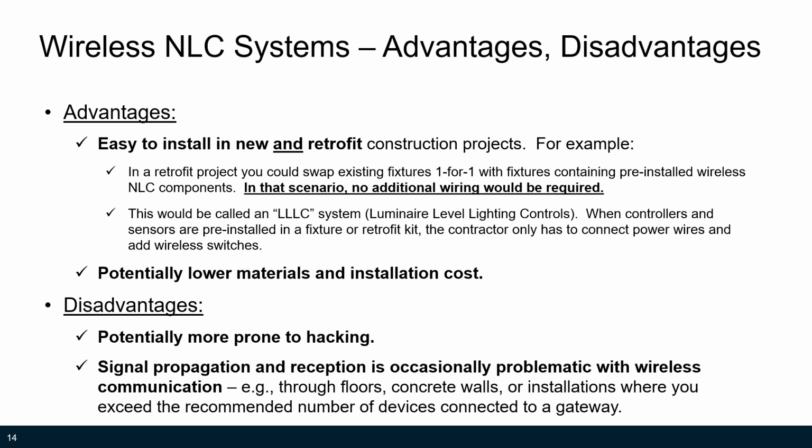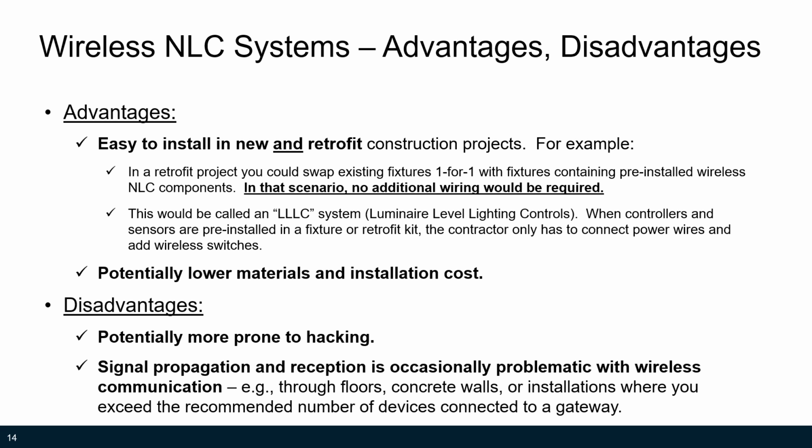One of them is that they're very easy to install in new or retrofit construction projects, and I should say in particular in retrofit projects. So an example would be that if you have a retrofit project where you're simply going to swap fixtures one for one, and the new fixtures have pre-installed wireless controllers, then you wouldn't have to install anything else except for sensors and switches.